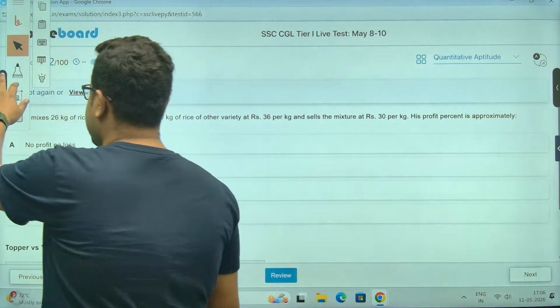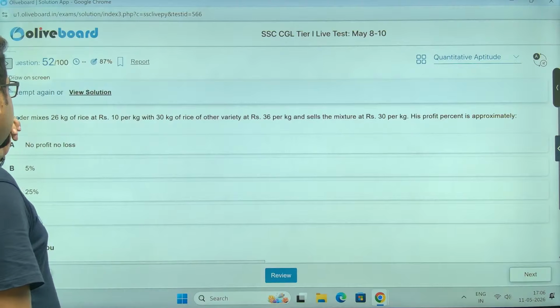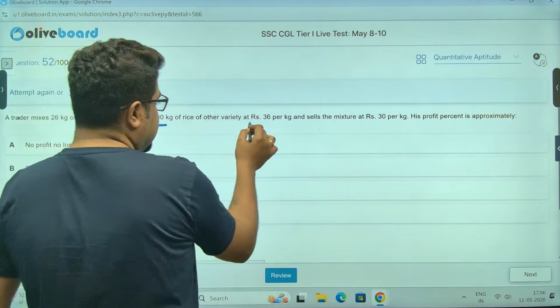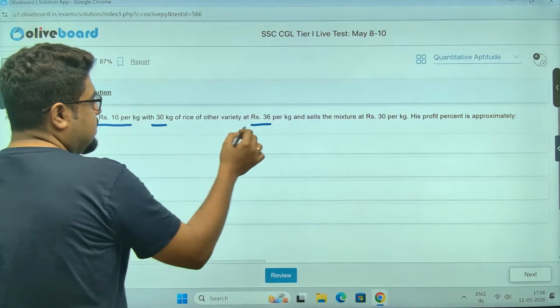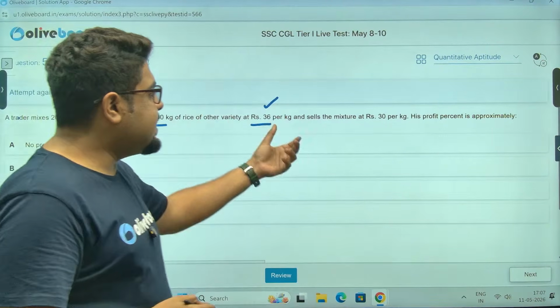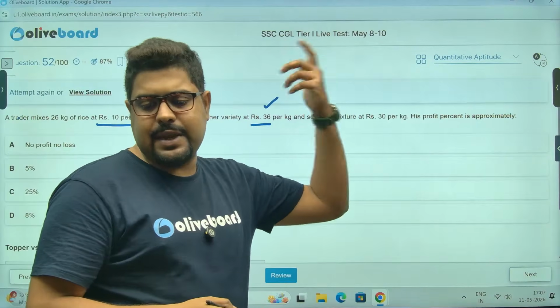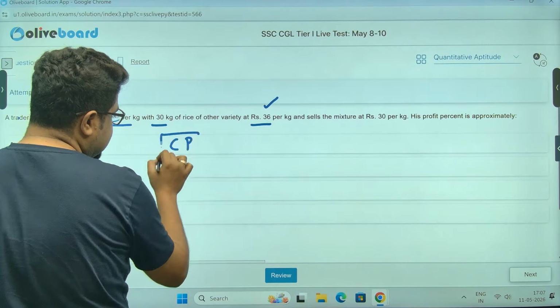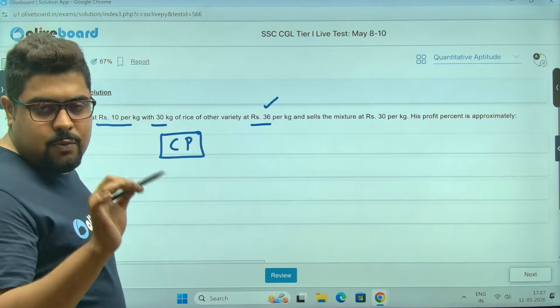Next one, sir. 26 kg at 10 rupees per kg, 30 kg at 36 rupees per kg, and sells the mixture at this. Sir, CP and SP we will figure out. What is the CP, sir? CP will be the weighted average.